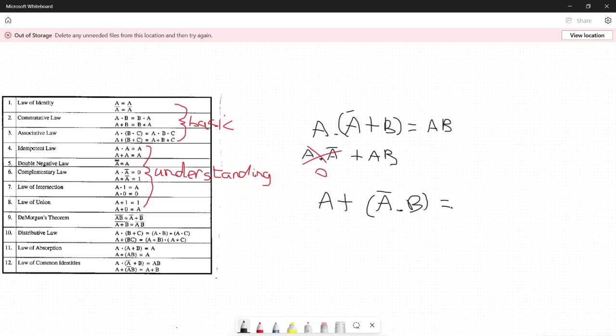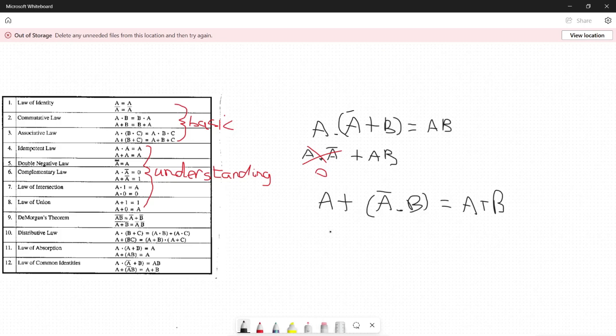And the final thing is A plus A inverse times B is equal to A plus B. Here, yeah, we're going to use the distributive law. We're going to use this law. Treat A inverse as C, let's say.